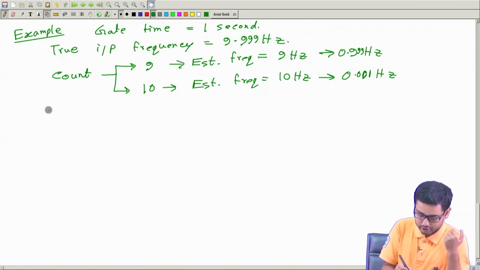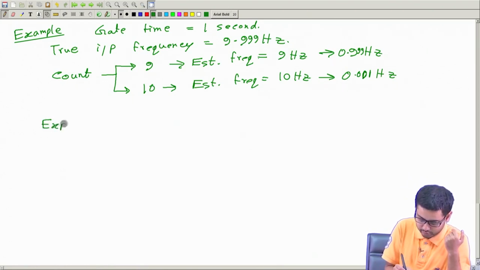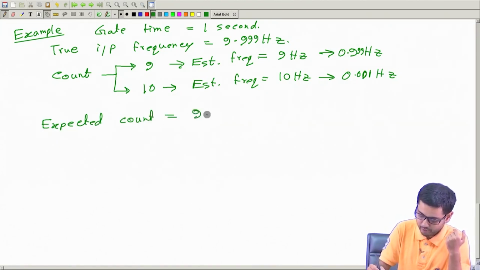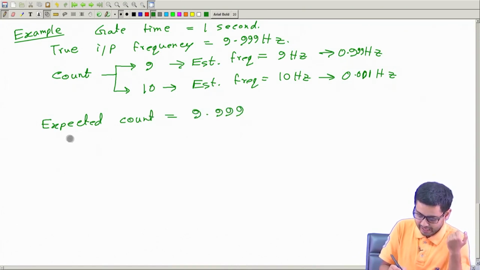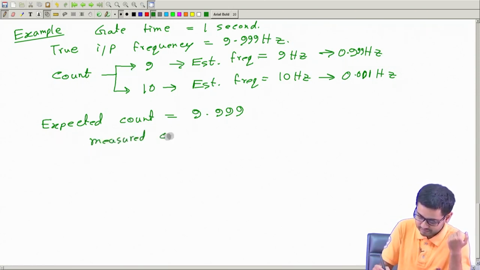In this case, expected count was 9.999, you can put a few more nines, and measured count is 9 or 10.